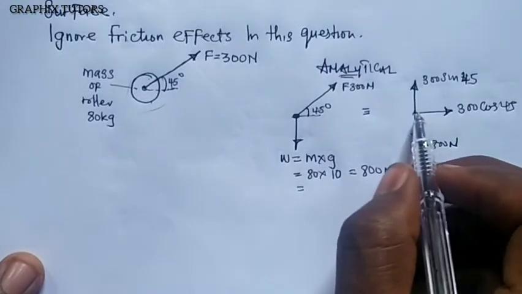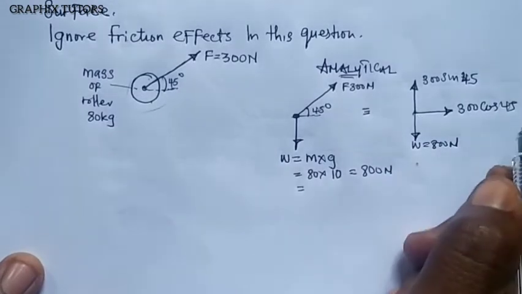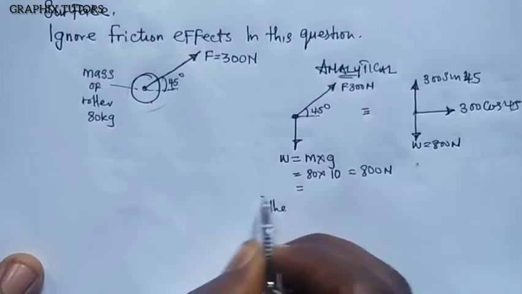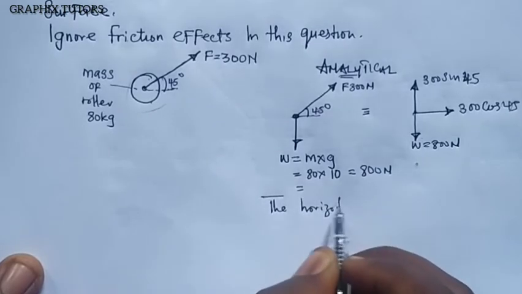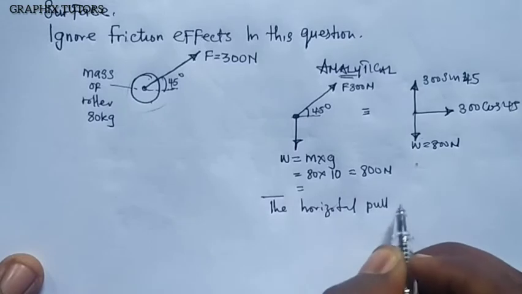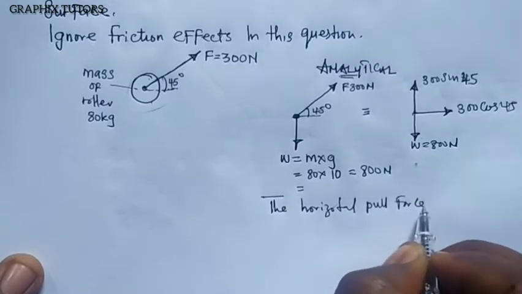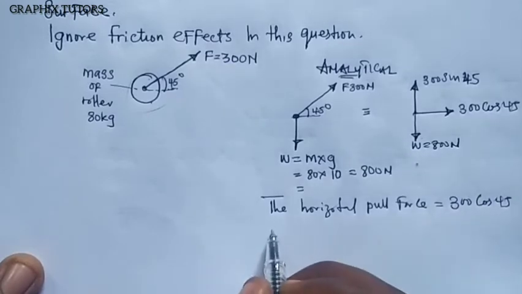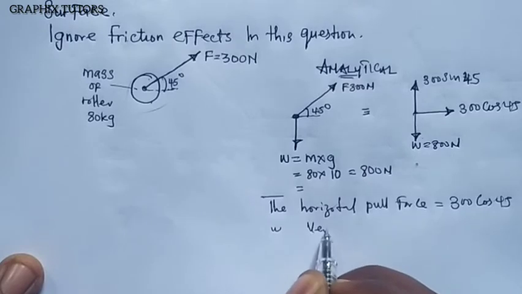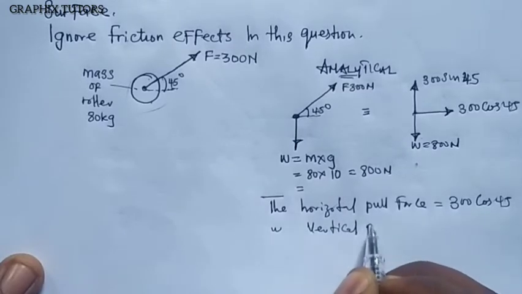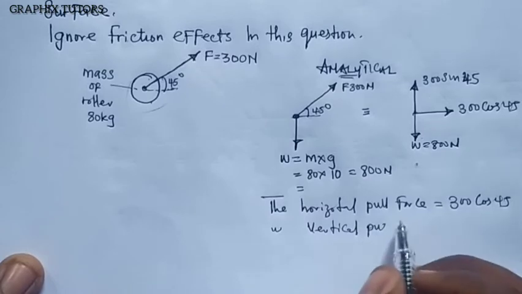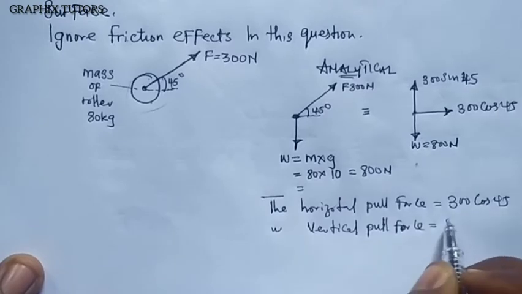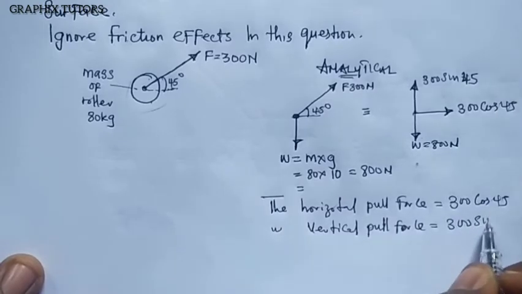So we know very well that the force acting to the horizontal is 300 cos 45. So the horizontal pull force is equals to 300 cos 45, and also the vertical pull force is equals to 300 sine 45.